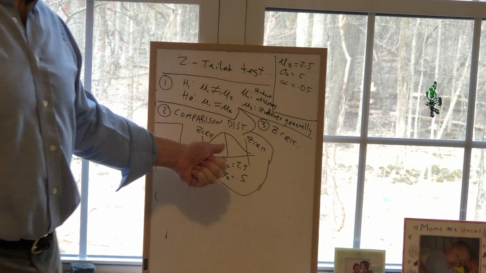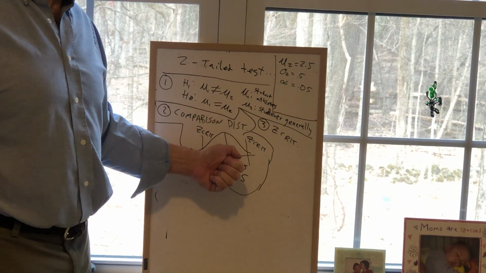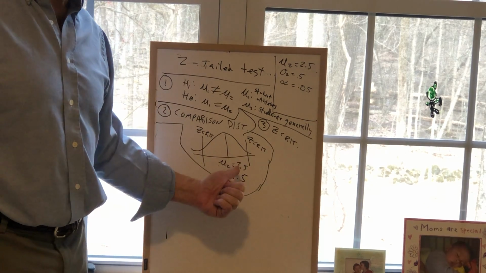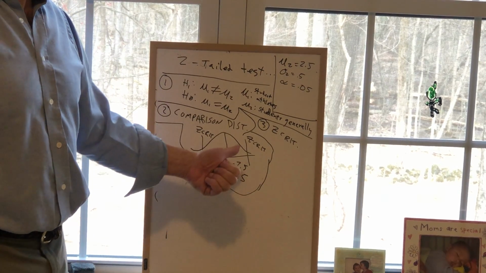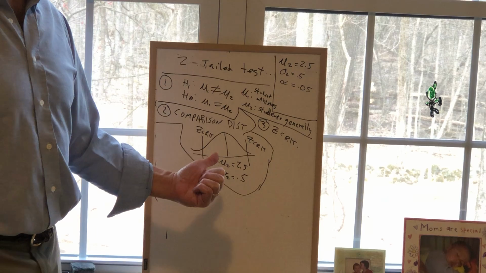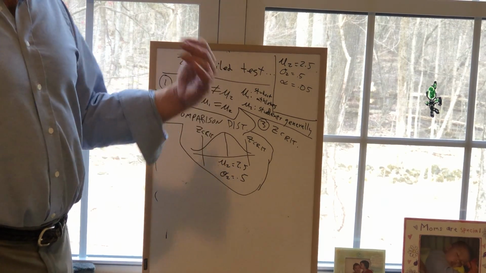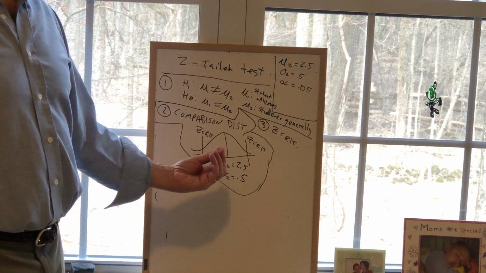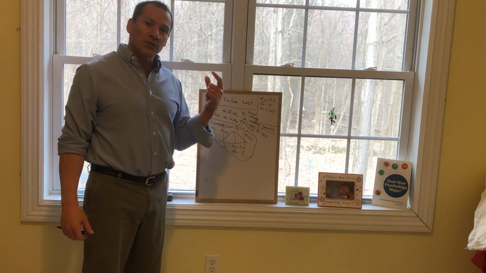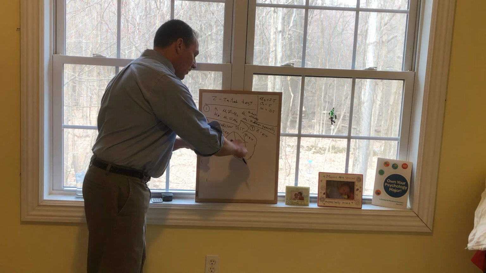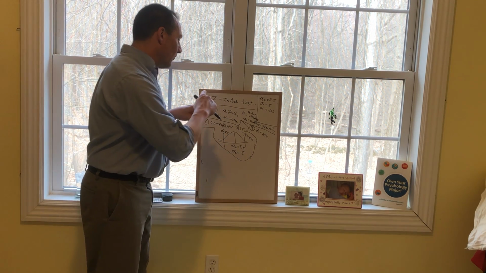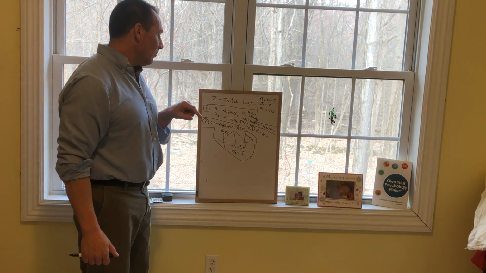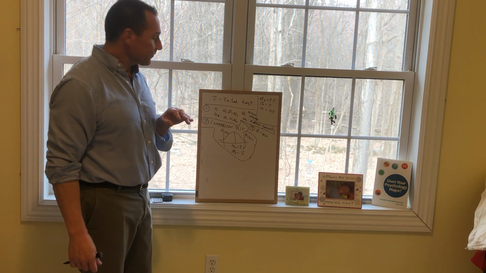One in case the special population mean shows evidence of being greater than the general population mean. One in case the special population mean shows evidence of being less than the general population mean. So with a two-tailed test, that's kind of why it's called two tails. We're looking at both tails of that distribution.